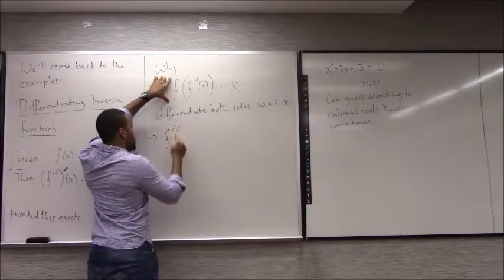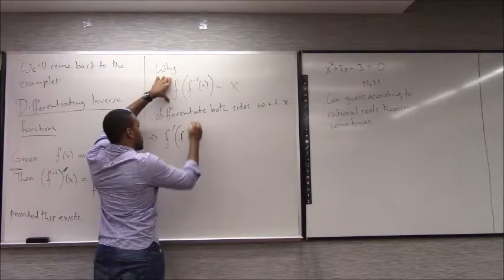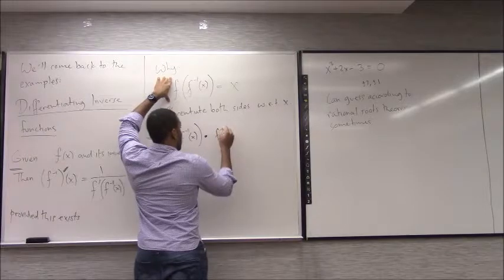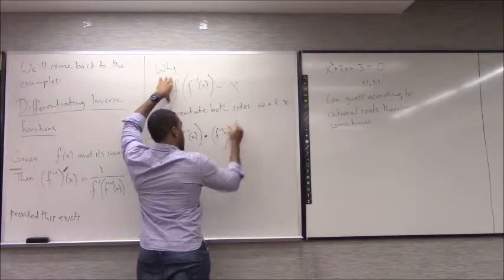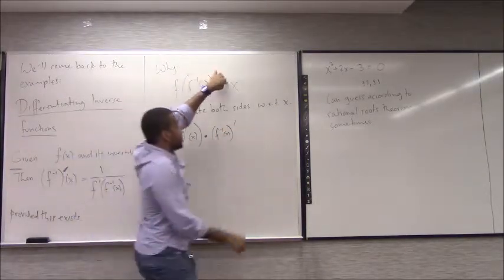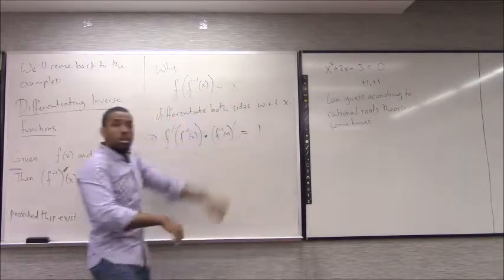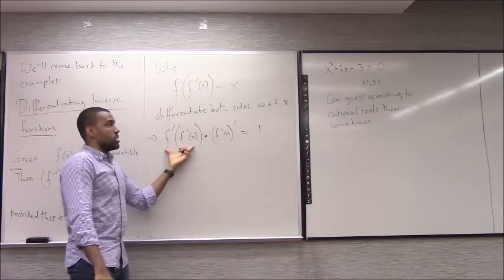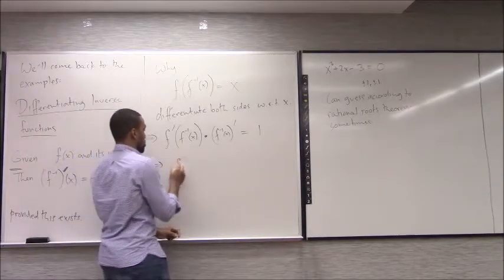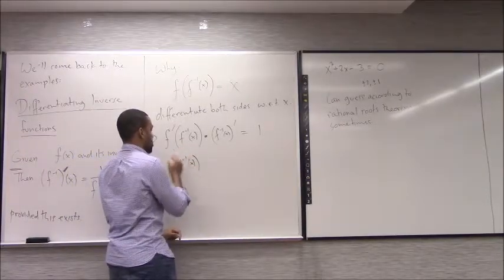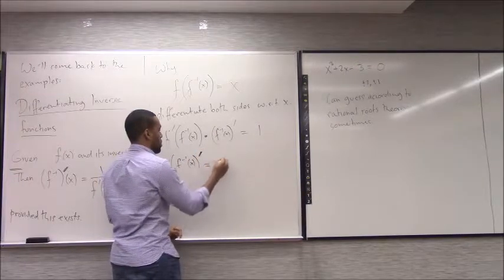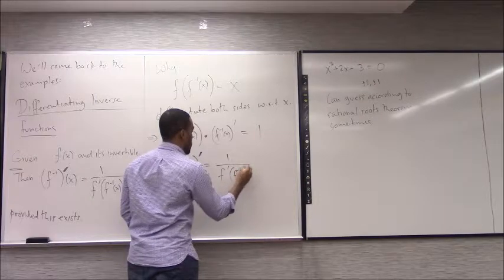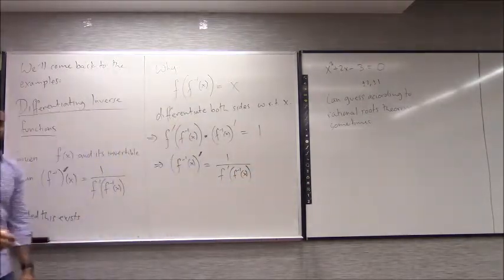Differentiate the outside function, leave the inside alone, and multiply by the derivative of the inside function. This side, derivative of that is 1. This is the guy we're after. As long as this isn't 0, we can divide by it. And hence we have that formula.